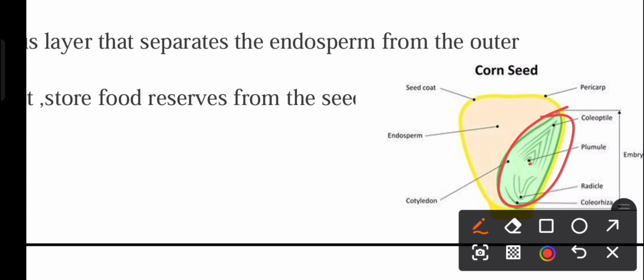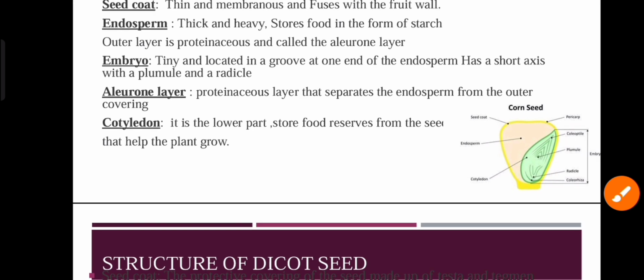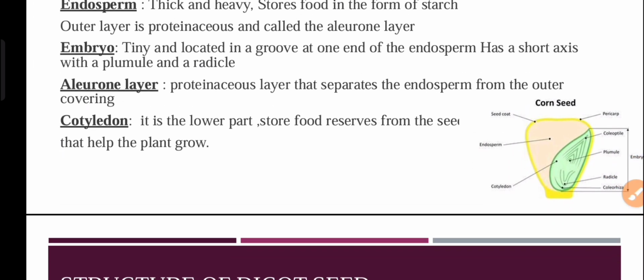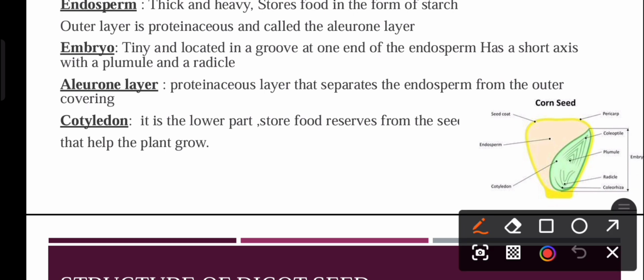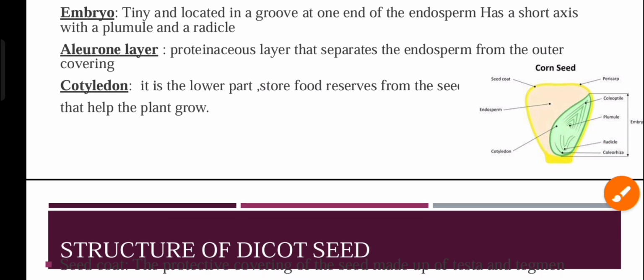It consists of plumule, radicle, and axis. Understand? And then the aleurone layer is a proteinaceous layer that separates the endosperm from the outer covering. And then the cotyledon is the lower part, which stores food reserves from the seed that help the plant grow.